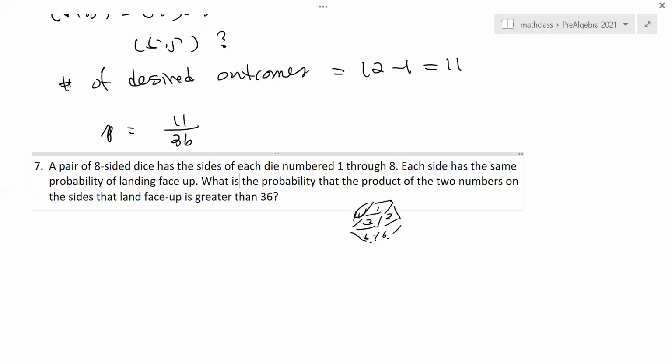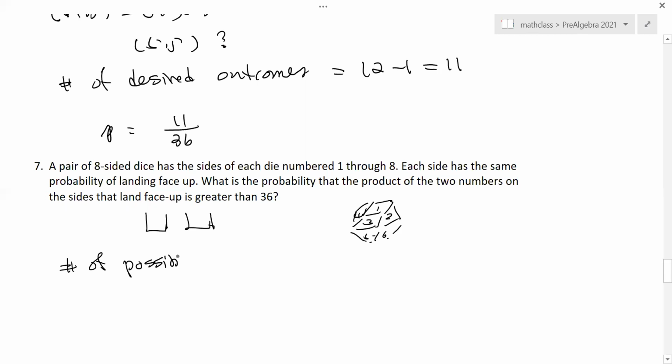Here we're talking about the product. First of all, you write down the two numbers, similar to above. So the number of possible outcomes is going to be 8 times 8.